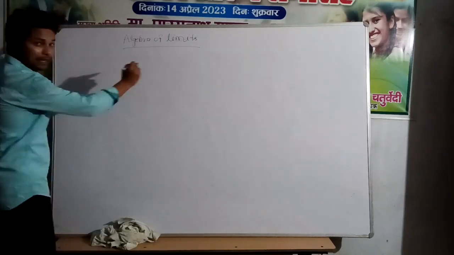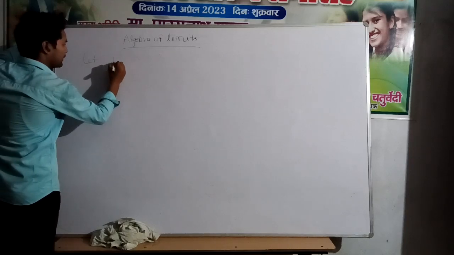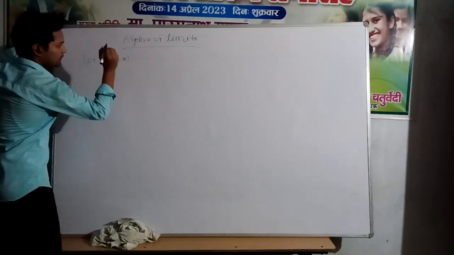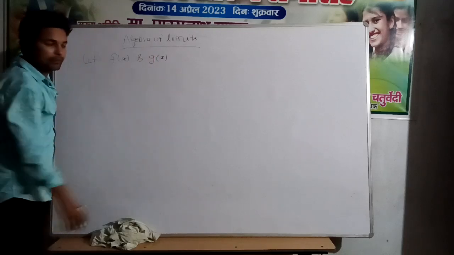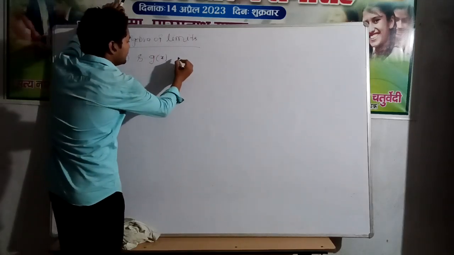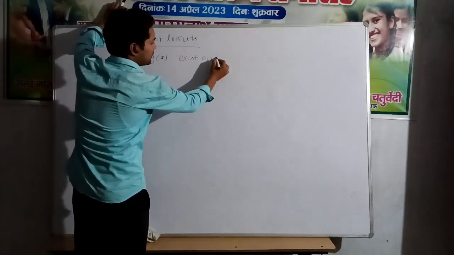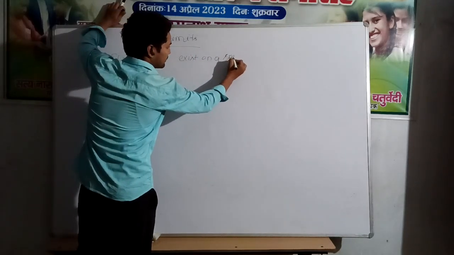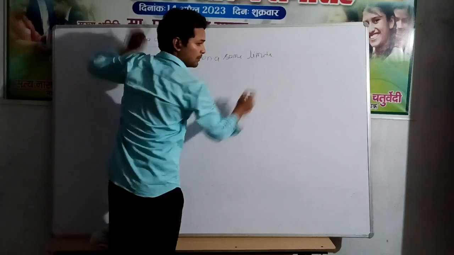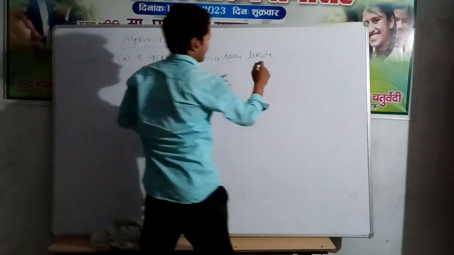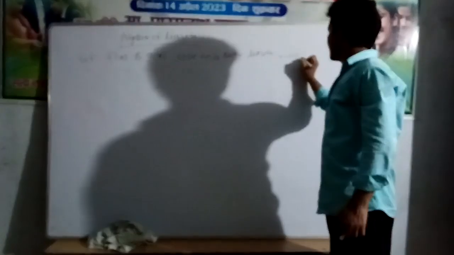Let the functions f(x) and g(x) exist on the same limits, x tending to a.